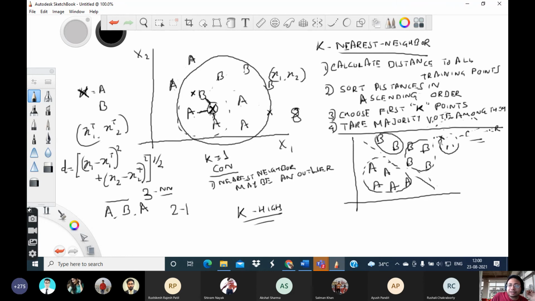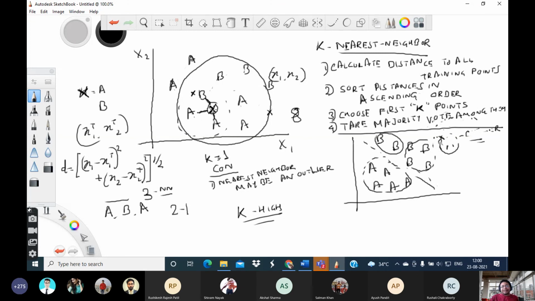The tacit assumption was probably that things which have similar attributes are likely to be the same. That is, if this point and this point have similar attributes, meaning they lie close in the feature space, then they probably belong to the same class also.